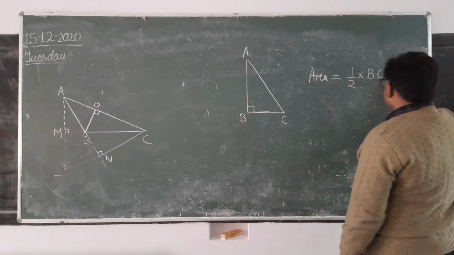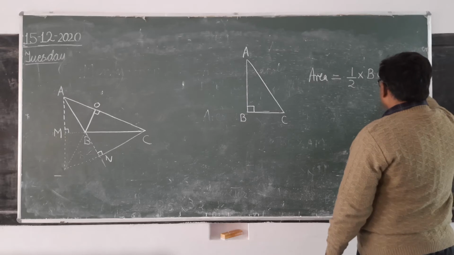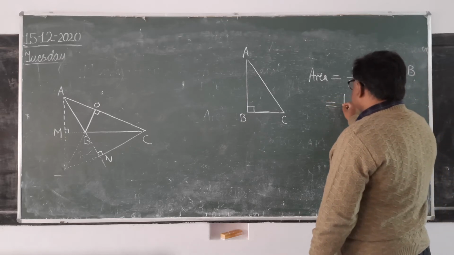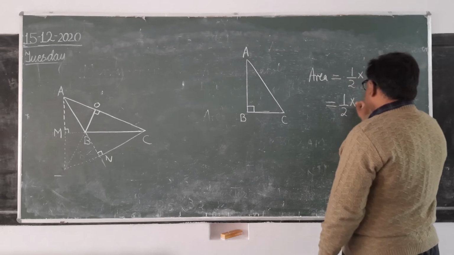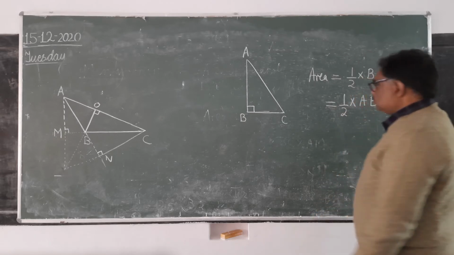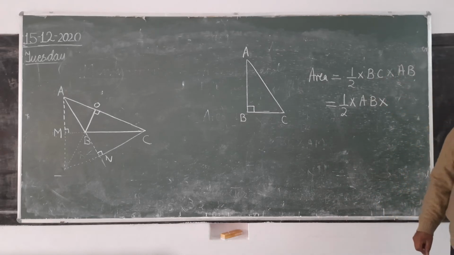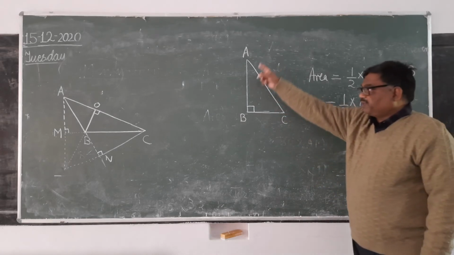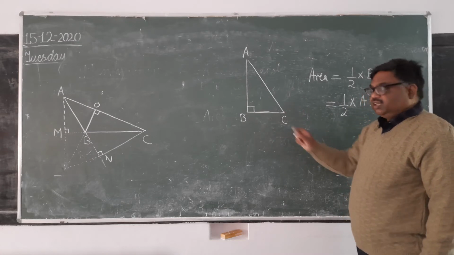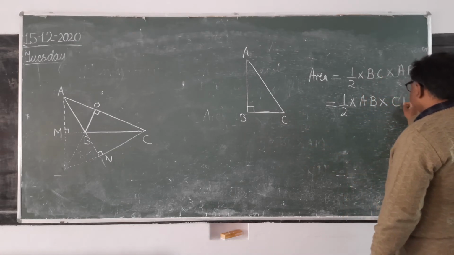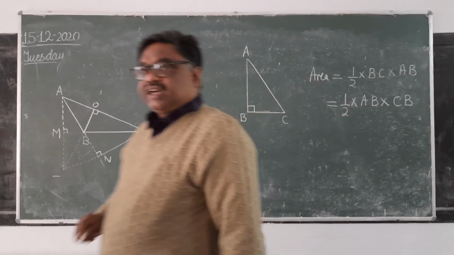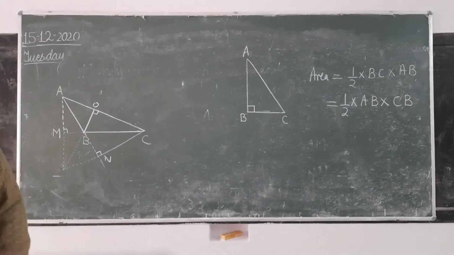So the area is 1 upon 2 BC into AB. It's clear? If you take AB as the base, then what will be the height here? AB is the base, the third vertex is C. Draw the perpendicular, it will be CB. Now here, which two sides are containing the right angle?